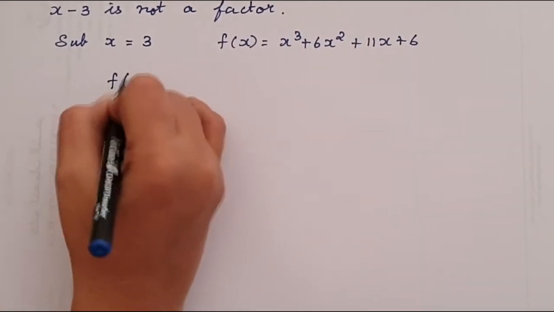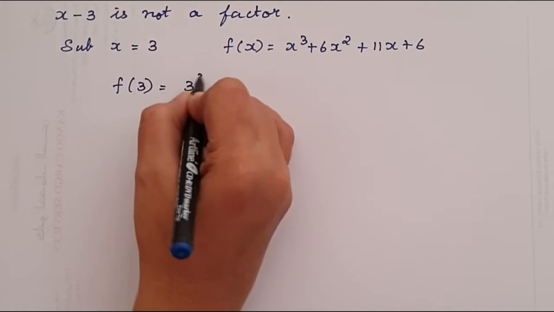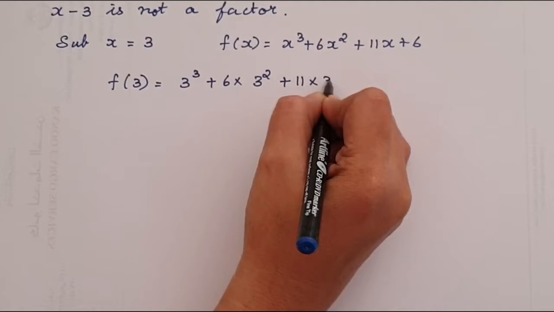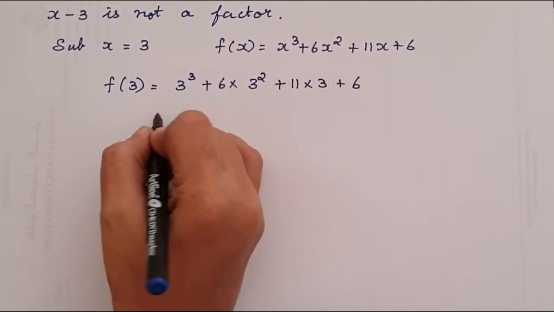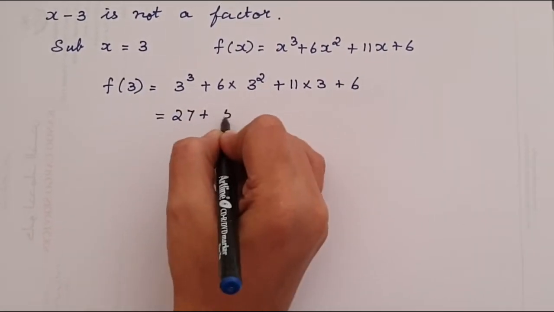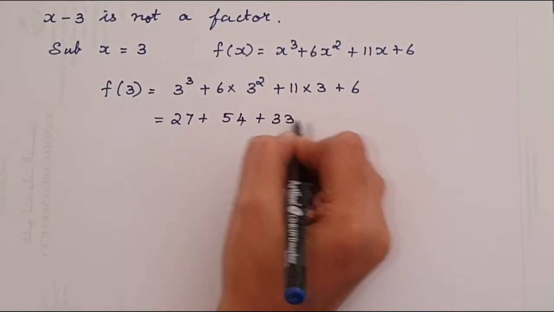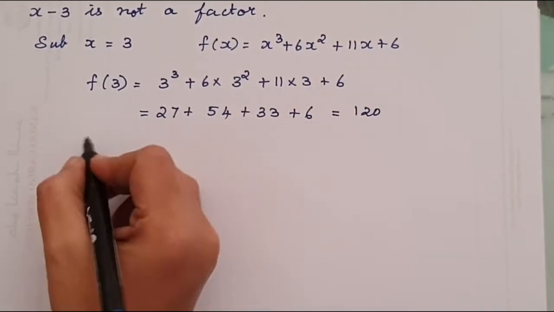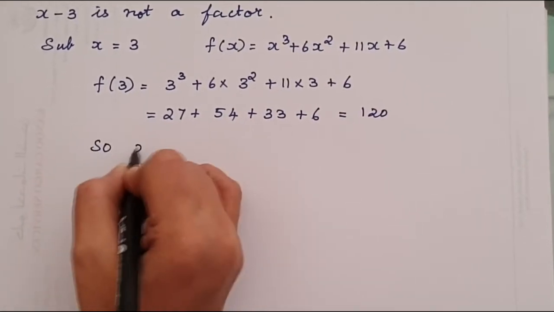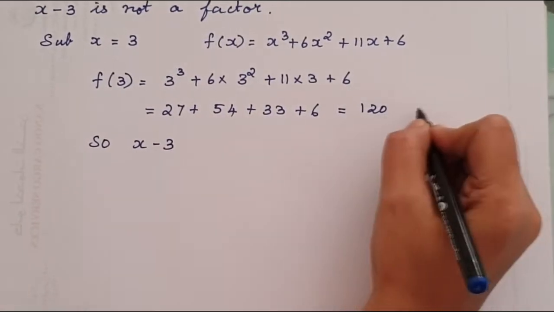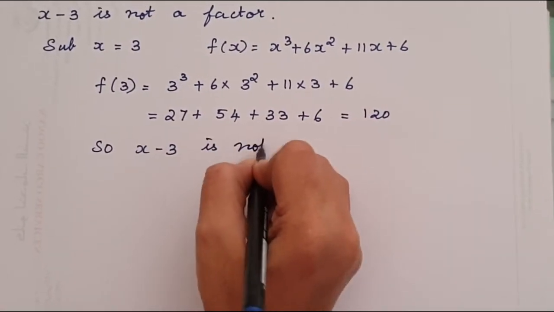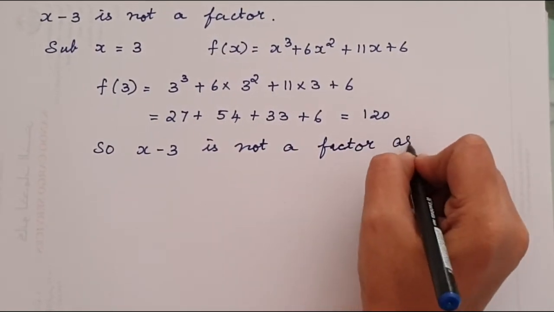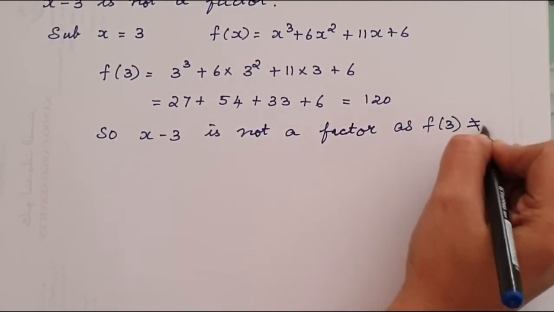So now f of 3 will be equal to 3 cube plus 6 times 3 square plus 11 times 3 plus 6. So it is 27 plus 54 plus 33 plus 6, which gives us 120. So x minus 3 is not a factor, as f of 3 is not equal to 0.